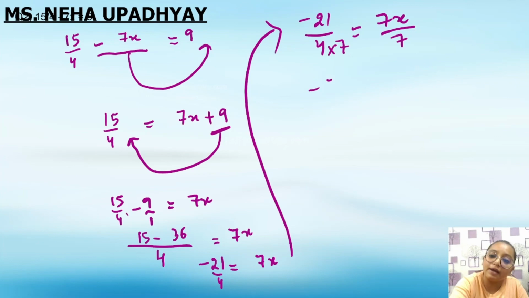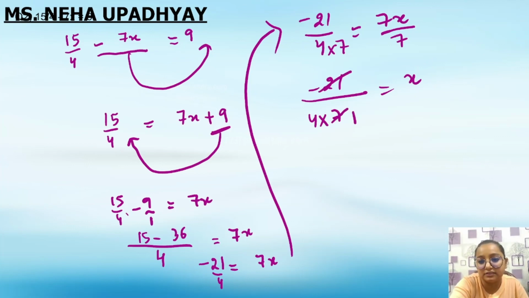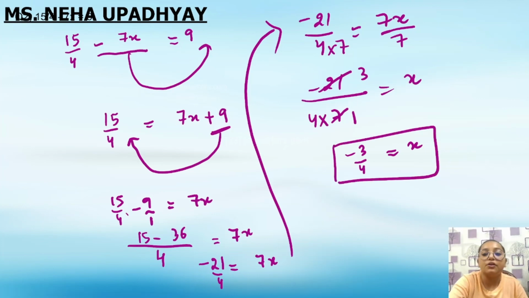So we get minus 21 upon 4 into 7 is equal to x. Now 7 ones are 7 and 7 threes are 21, so we can cut it. So minus 3 by 4 is equal to x. We have got the solution of this equation as x is equal to minus 3 by 4.